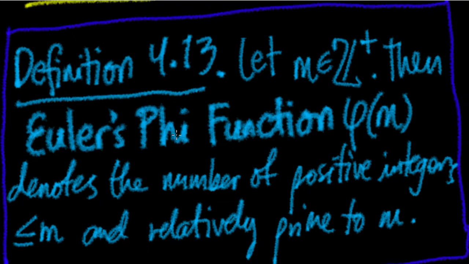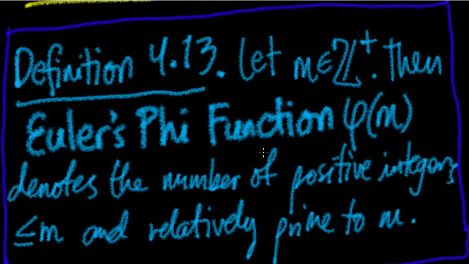So let's talk about first definition 4.13 before we go to the Euler's theorem. This is Euler's phi function, which we will use definitely in the Euler's theorem. So this is the phi, the Greek letter phi. We let m be a positive integer. Then Euler's phi function, denoted by phi of m, in which this m is any positive integer, denotes the number of positive integers which is less than or equal to m and relatively prime to m.